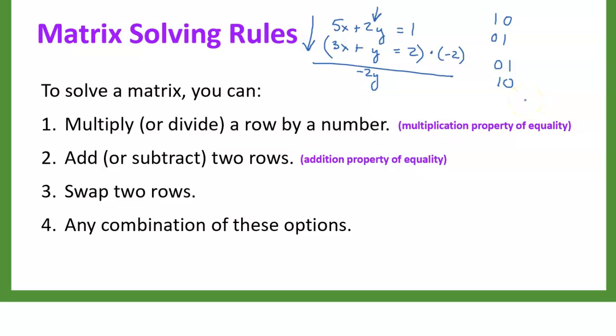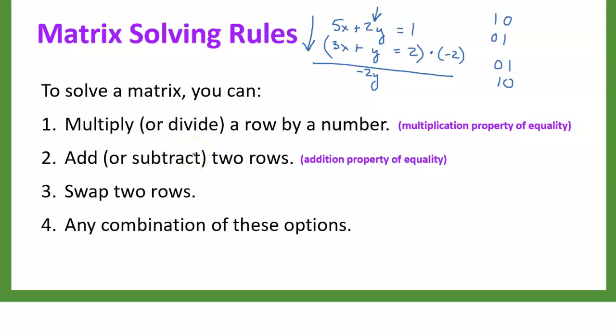I don't understand what I'm looking at. So we just swap rows. That would be the same thing as swapping the order of these 2 equations. Of course you can do that. You can write equations in any order. They're still the same equations. And then our fourth option is we can combine any of these. So if we wanted to do more than one in a single step, we could do that.